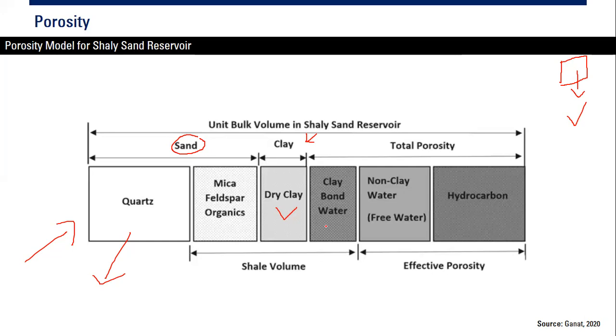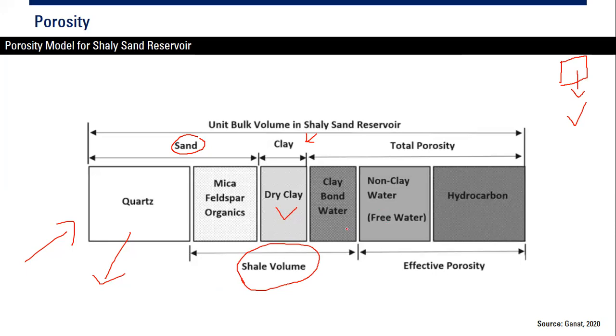And of course, mica, dry clay, and the clay bound water, they have volumes, okay? And if we sum all the volumes, we call it shale volume.